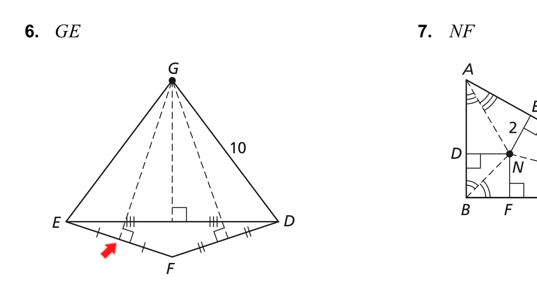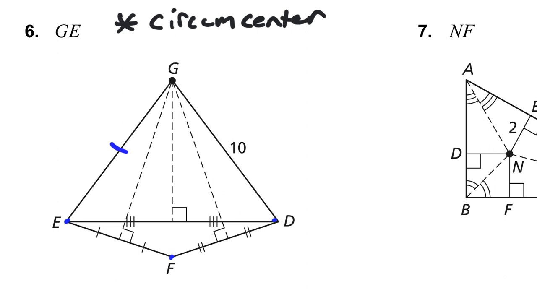But what I see here is some congruent marks in my segments. I see some perpendicular marks. So these are perpendicular bisectors. Therefore, we have a circumcenter. Now, because we have a circumcenter, if I find my vertices here, which would be E, D, and F, GE is drawn, GD is drawn, and we know those are going to be equidistant, so congruent.